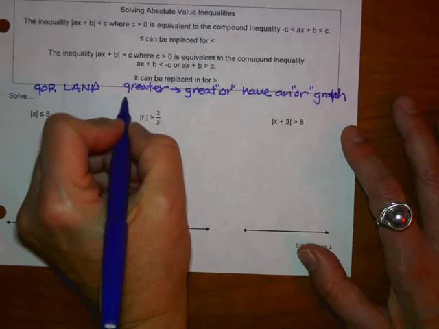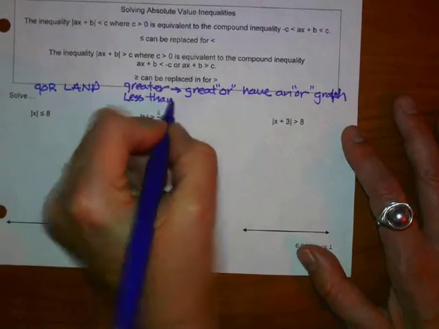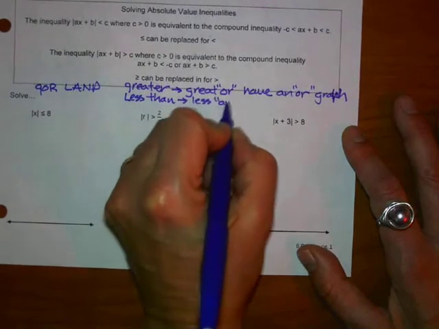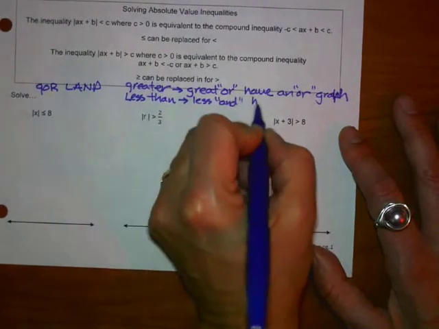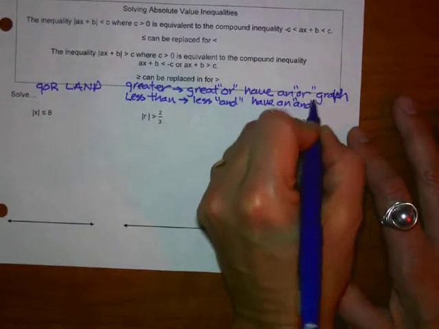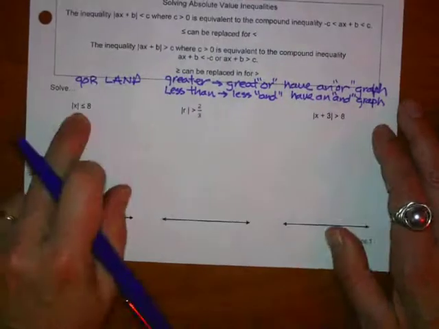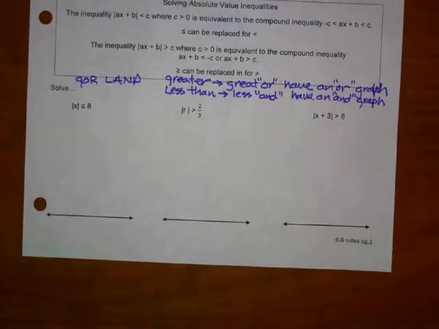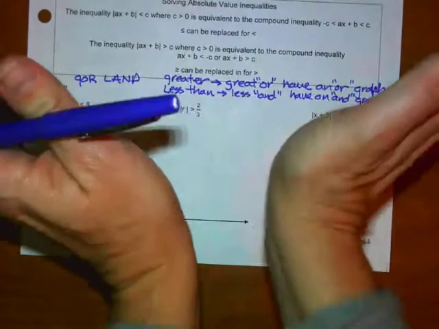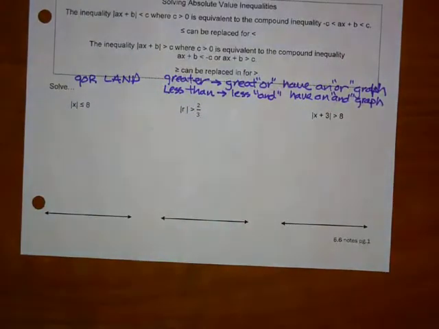If we have a less than, or you could say less and, you're going to have an AND graph. So if you keep that in mind when you're solving these, if this is a less than, you're going to have an AND graph, which means your graph's going to come together. If it's a greater, you're going to have an OR graph where your graph goes away from each other, just like the other day. Okay?